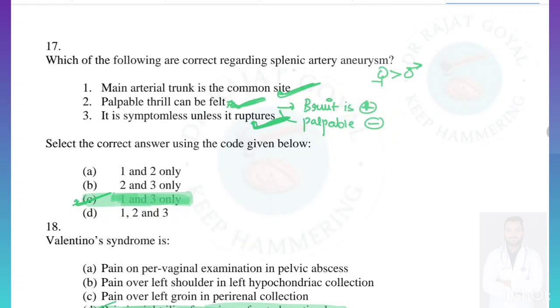Which of the following is true? Palpable thrill can be felt. No, this is not true. Palpable thrill is not felt. Instead, the bruit will be heard. It is symptomless unless it ruptures. This is also true. So here option 1 and 3 are correct and 2 is wrong. So answer here will be option C, which is 1 and 3 only.